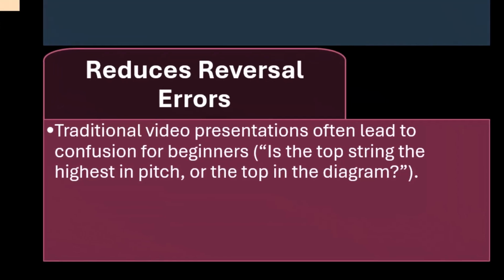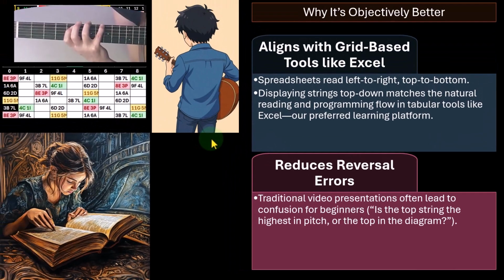It reduces reversal errors. Traditional video presentations often lead to confusion for beginners. Is the top string the highest pitch or the top in the diagram? Notice that when we talk about directionality in music, particularly with the guitar, it gets confusing because when we're looking at directionality in terms of our actual hands on the guitar, if this is the low or heavy string, then we're going to go up, down, left, right.